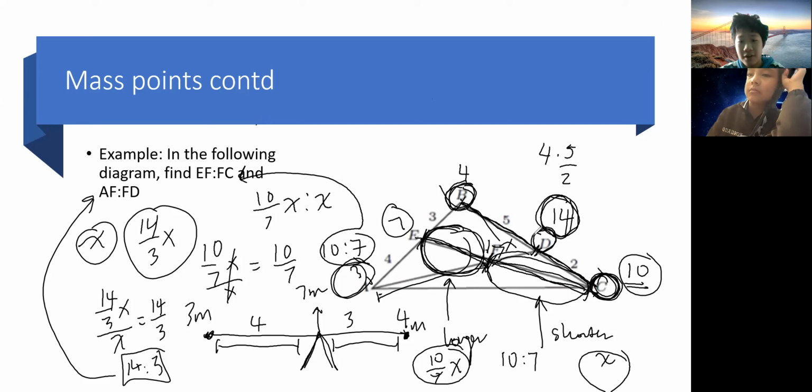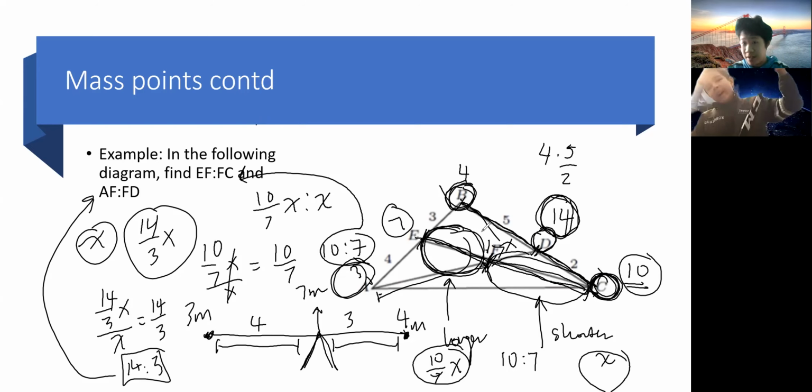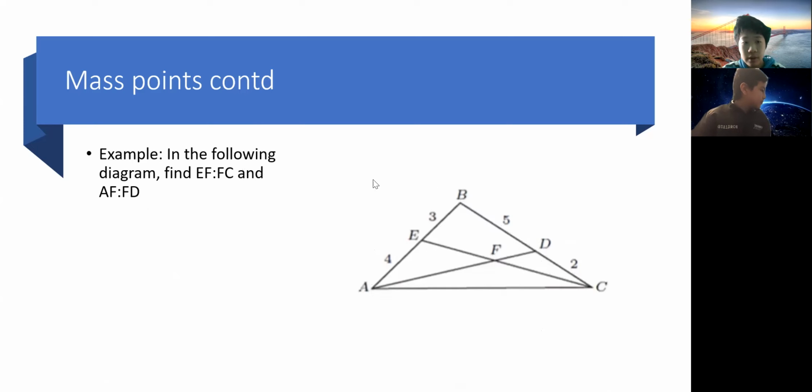So whenever you have lines intersecting each other, you have seesaws, okay? The heavier guy has to be a shorter distance away from the pivot, and a lighter guy has to be a greater distance away. So you set masses for these, and then you can figure out the proportions between the lengths of the sides.